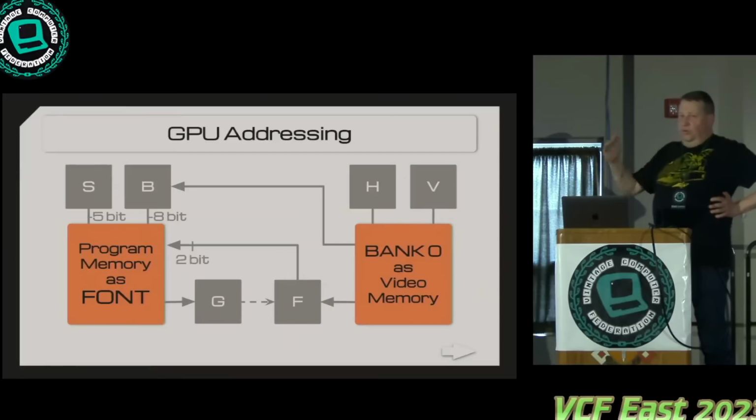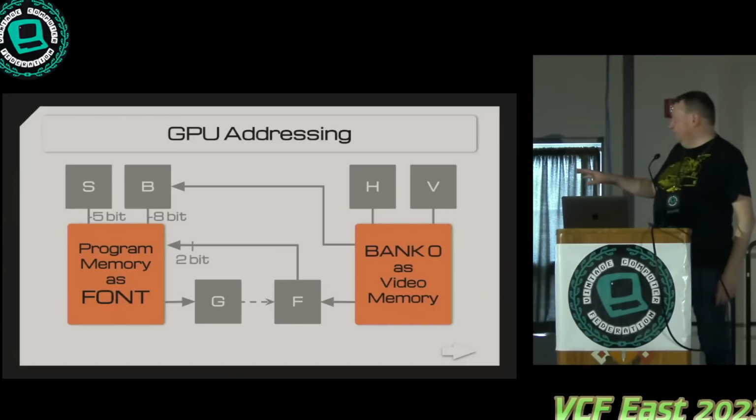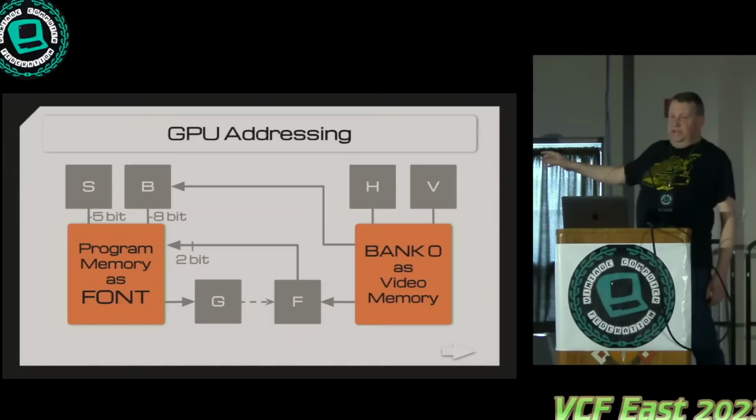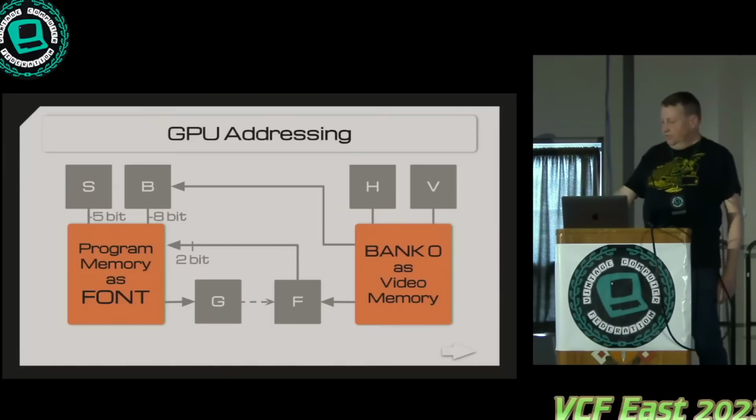So you need 4 bits for one, 3 bits for the other, but I have another bit to select between the two. So I need 5 bits there, and 8 bits for that B register. That pipeline is used by both. Then the output goes to this glyph register, and we can select the font using the F register. That loads the colors, but there's also a couple of bits available in there, so that can select between these 4 different fonts.